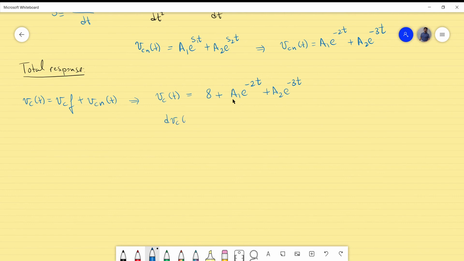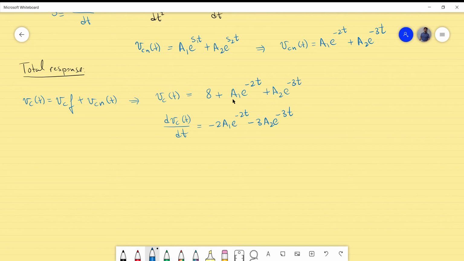Now I will differentiate this. If you differentiate, you lose the 8, and you get minus 2 times a1 times e to the power minus 2t, and then minus 3 a2 times e to the power minus 3t.